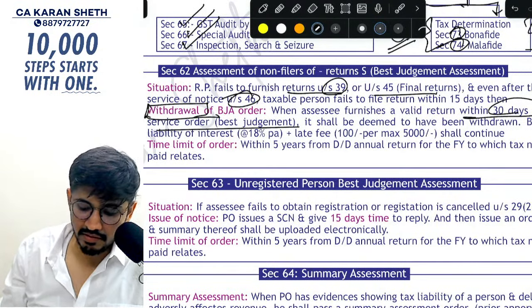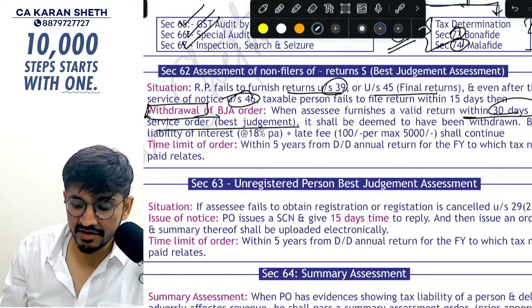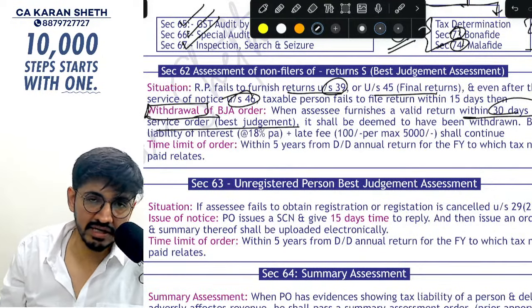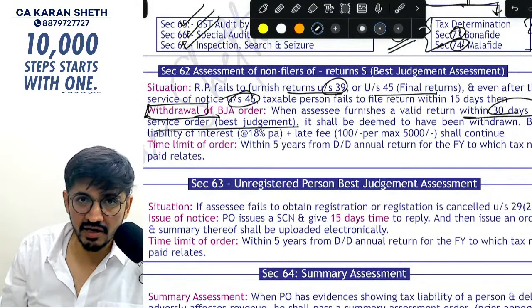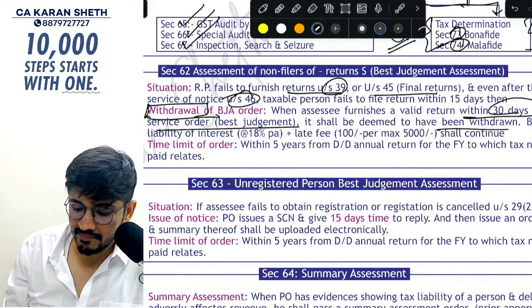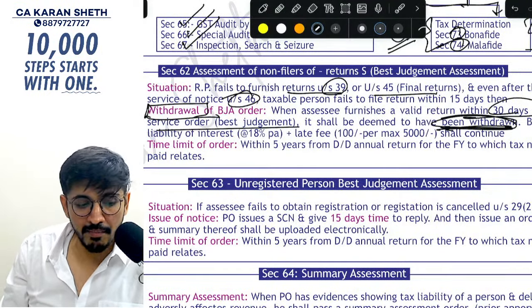If you do that, and you furnish a valid return within those 30 days, you clearly have made good what bad you have done, and automatically in that case it will be withdrawn. So you do good to the bad what you had done.